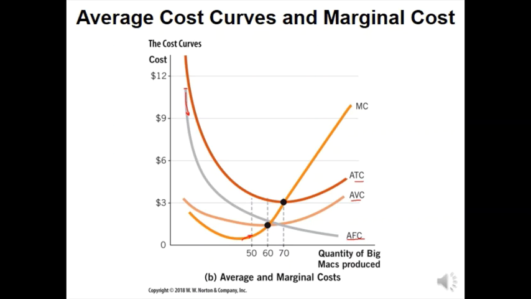When average variable cost is greater than marginal cost, it's decreasing. In other words, when the margin is less than the average, variable cost is going down. When the marginal cost starts increasing due to diminishing marginal product, average variable cost eventually starts increasing as well. The marginal cost curve here is pulling that average variable cost up.